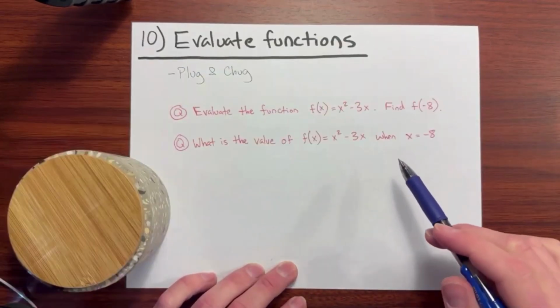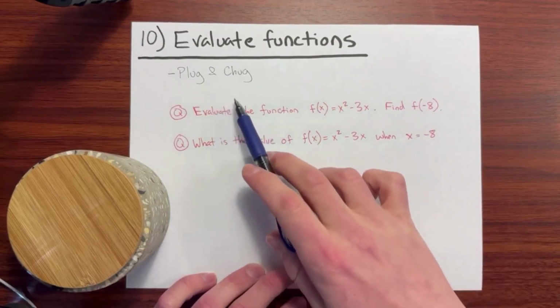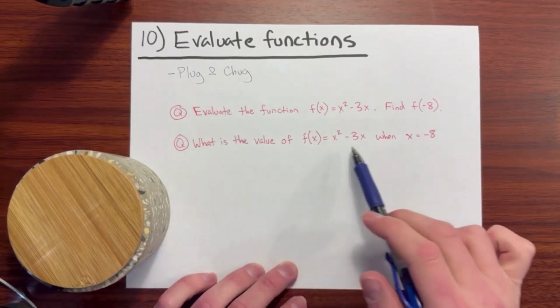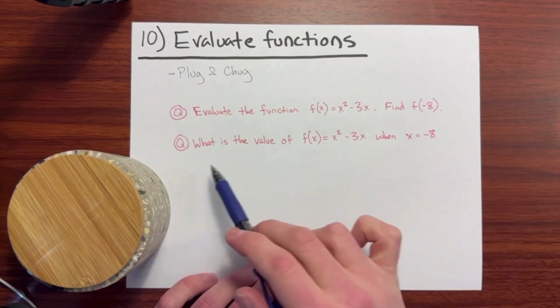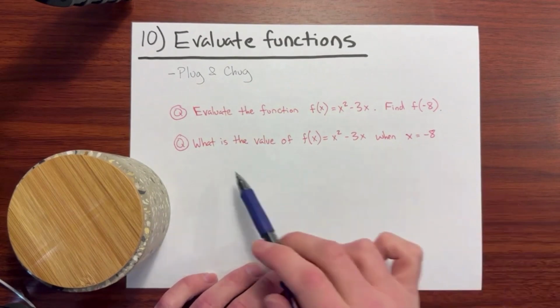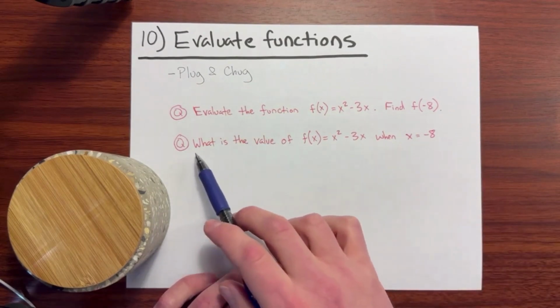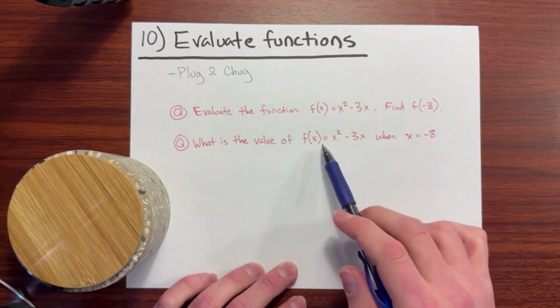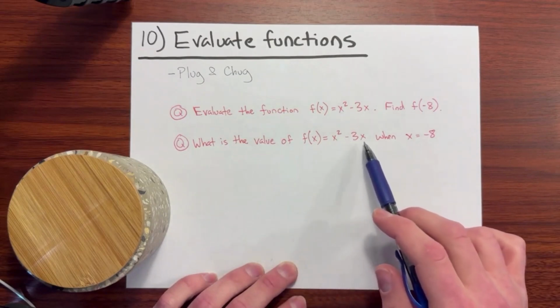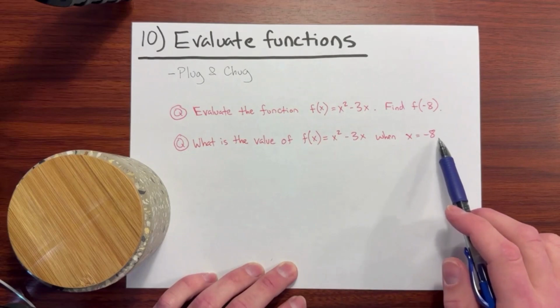Number 10, evaluate functions. These are simply plug and chug problems. I've written the same question 2 slightly different ways. Let's go ahead and solve it. It asks, what is the value of the function x squared minus 3x when x equals -8?